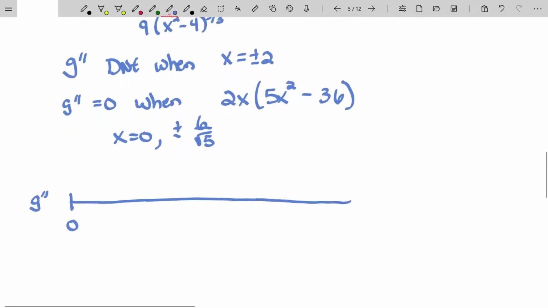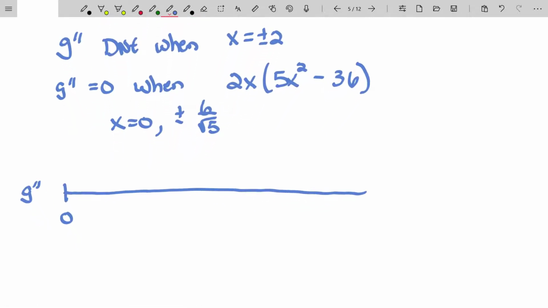Anyhow, let's go ahead and plot where our second derivative does not exist, which is at 2. I'll use red for that. Actually, I think I have to figure out what this 6 over root 5 is, so give me a moment.